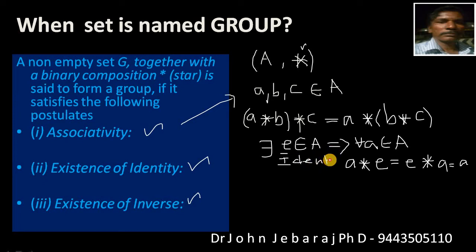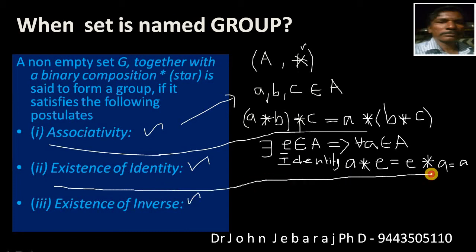So there must exist an identity element in this set with respect to this binary operation, and this condition we call existence of identity. So this is associativity, and this is called existence of identity.